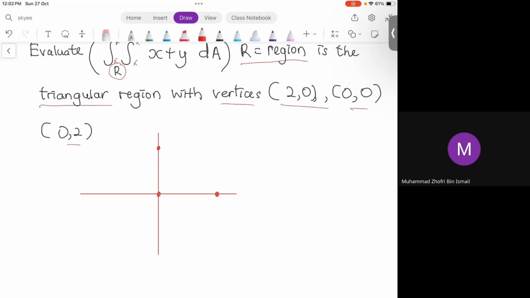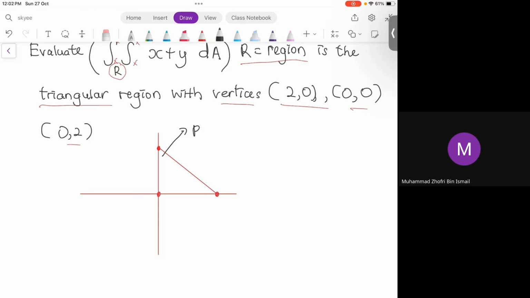These are the vertices of a triangle. So if I draw it, it will be like this.